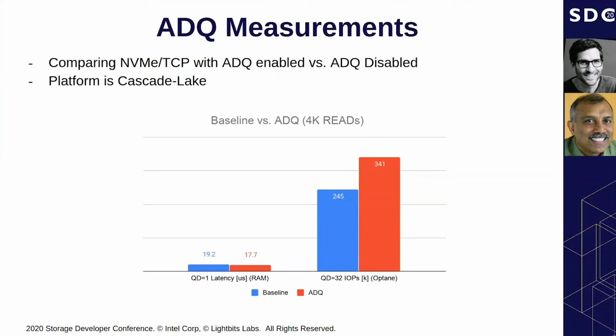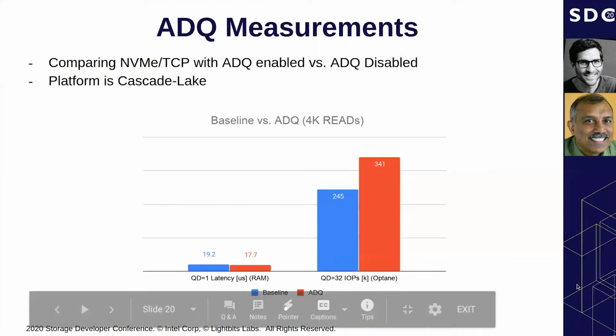For Q depth 32 with Optane, with ADQ enabled on the initiator and the target, you're able to get about 341K IOPS compared to the baseline, which has some interrupt tuning to get it up to the 245 or 250K mark. Okay.